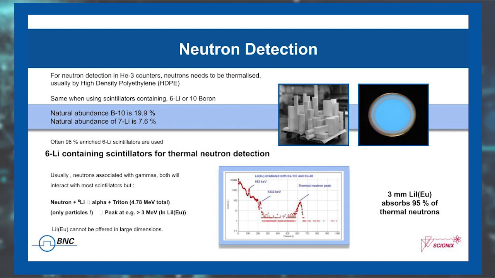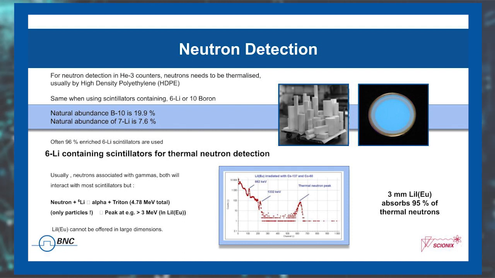And this means that if we use a small lithium iodide crystal in a neutron gamma flux, and the neutrons are thermalized properly, we see a thermal neutron peak at about 3 MeV, very narrow, about 5% width, and we can separate those very nicely from gamma rays.